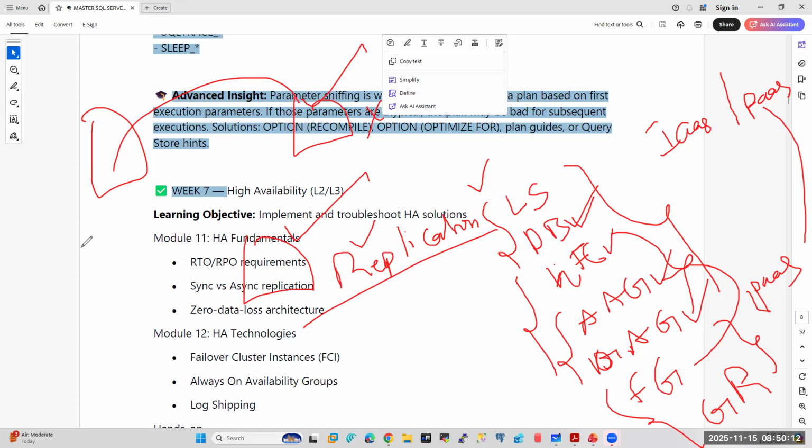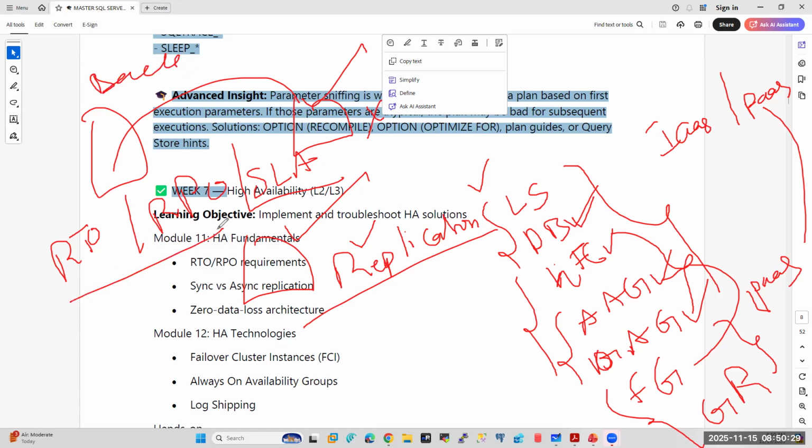Along with that, we'll spend more time on RTO and RPO. These are the SLA agreements. Before you understand any high availability or backups, you should know these two terminologies. What is RTO? What is RPO? RTO is for high availability, RPO is for backups.